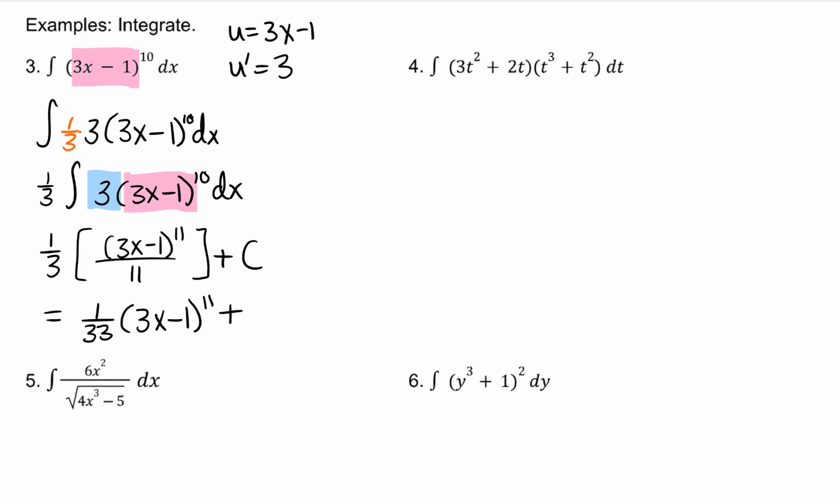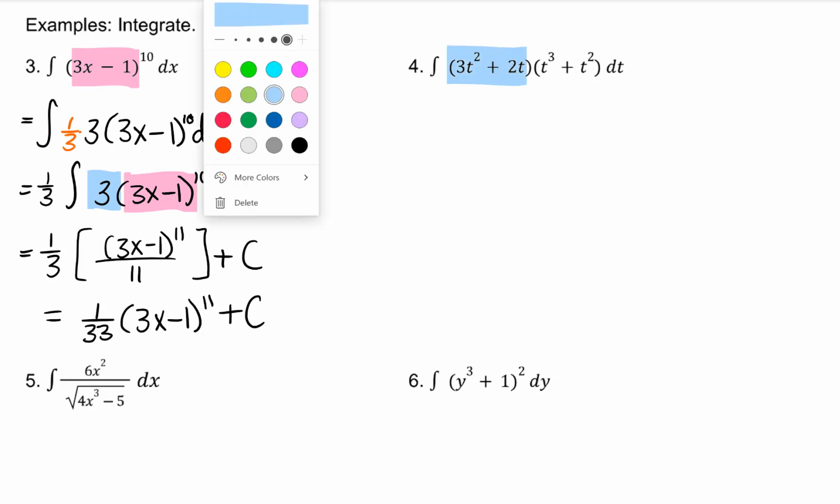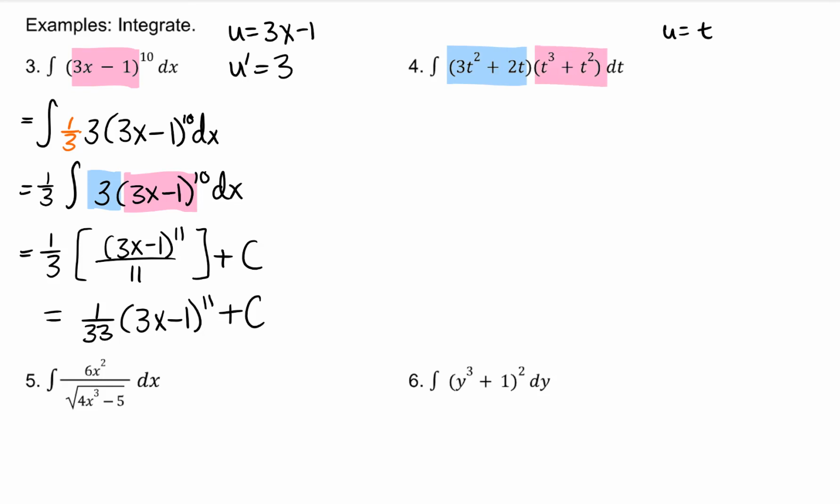For number 4, I don't actually see a function of t that is to a power, so I could technically expand and then just use the power rule for integration. But if you notice, this is the derivative of this. So if u is t cubed plus t squared, then u prime is 3t squared plus 2t, which means u to the power of 1 and u prime are all in the integrand.